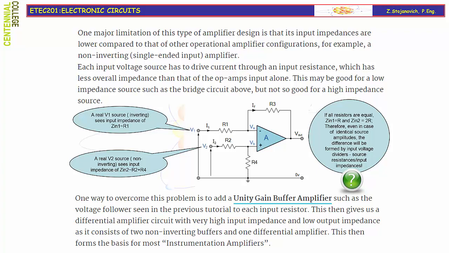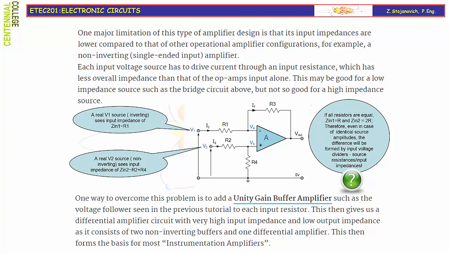For instance, if V1 is a real source connected to the inverting terminal, this source will see input impedance of ZIN1 approximately equal to R1, if you remember our expression for the input impedance. A source V2, which is connected to the non-inverting terminal, sees input impedance of ZIN2, which is the series combination of R2 and R4.